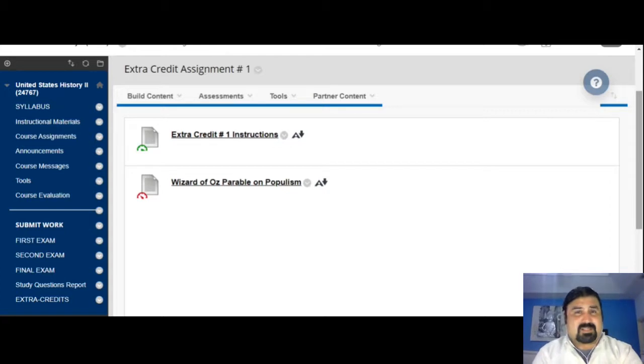The Wizard of Oz is about politics, 100%. Okay, so this article explained how the Wizard of Oz was talking about American politics in the 1890s. And you answer the questions. If you answer the questions successfully, you can add up to 10 points to exam number 1.